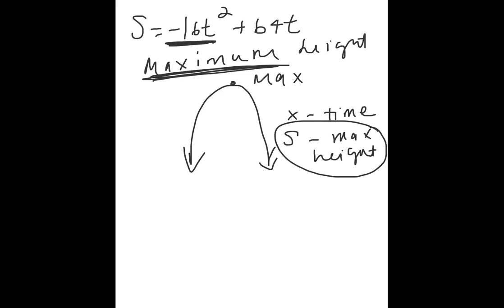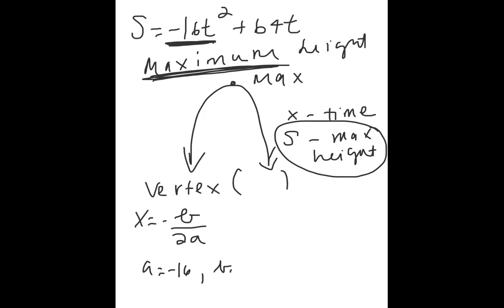So guys, let's do it. In order to find the maximum height, we have to find the coordinate of the vertex. Because the equation is given in the general form, you have to use the formula x equals the opposite of b over 2 times a. Now, in this formula, a is negative 16, b is 64.